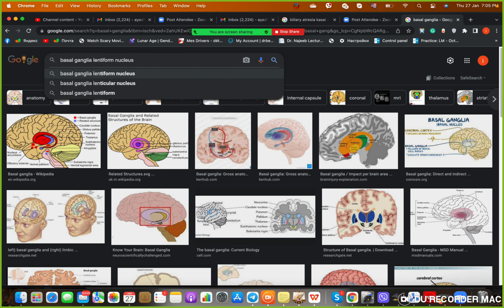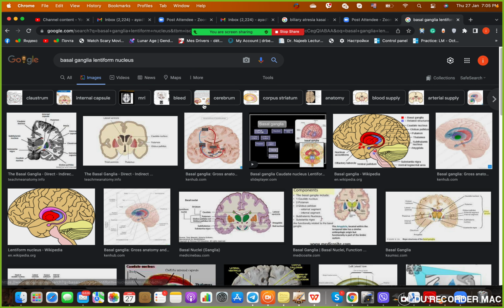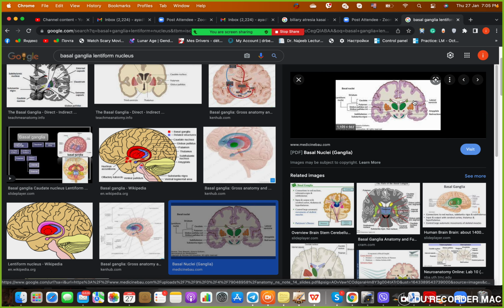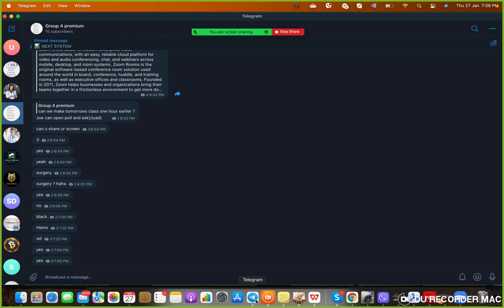So inside of the brain, there is a structure called the basal ganglia. These guys. Can you see these guys? These are the basal ganglia. They are basically gray matter located within the brain, okay? And this gray matter is made up of the cell bodies of the neurons.